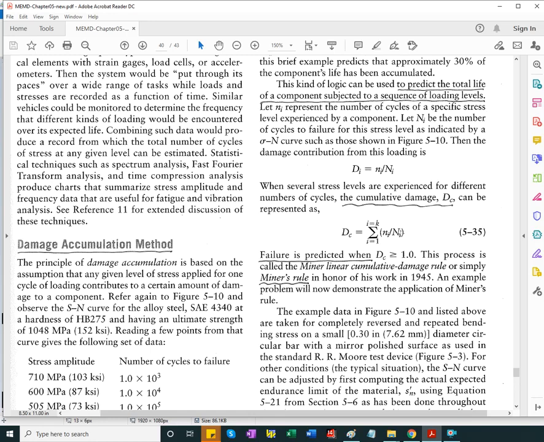For example, you have a transmission component, and you monitor, say, for 50 miles or 100 miles, how that component gets loaded, what throttle level, what speed. You can calculate the torque through that transmission component, and that gives you the number of cycles, lowercase n, for the various stress levels. Then at that stress level, you can calculate how many cycles to failure.